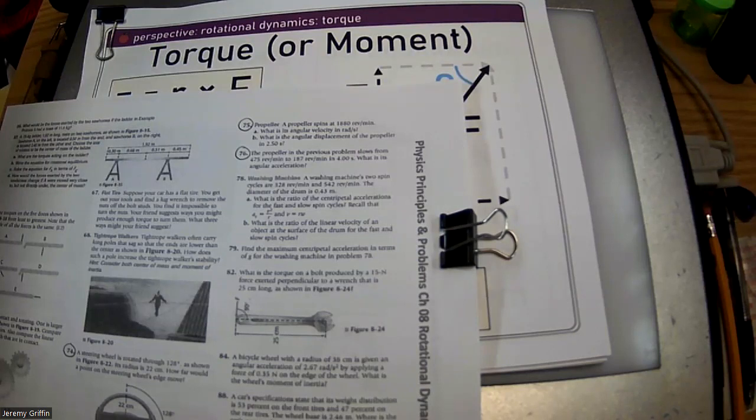Anybody got the answer? I think I got 2.389 radians per second. Is that right? Somebody get a negative number, because it's slowing down.